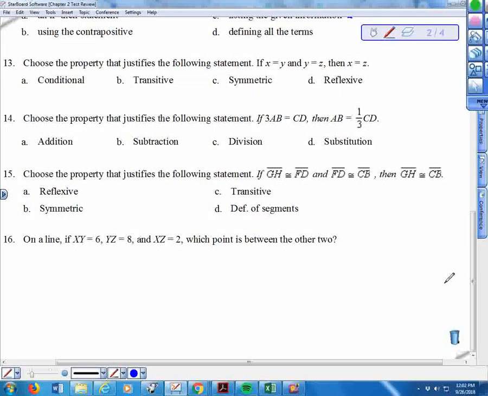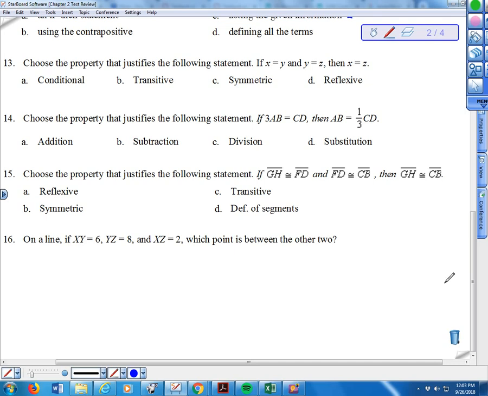Choose the property that justifies the following statement. If x equals y and y equals z, then x equals z. What property is that? Transitive property. Transitive property, law of syllogism are very similar. Okay?